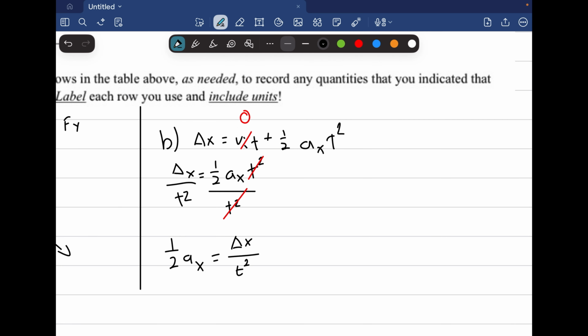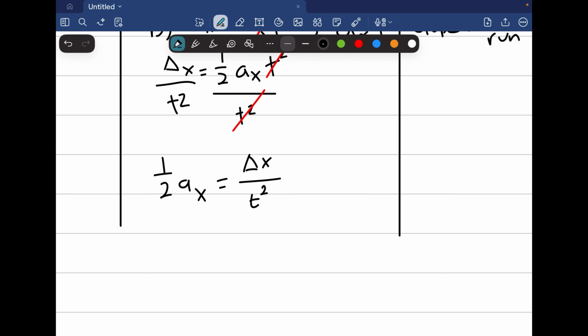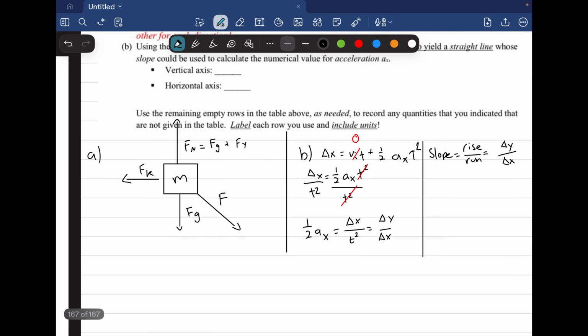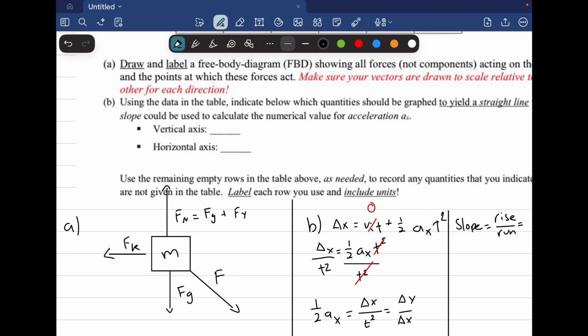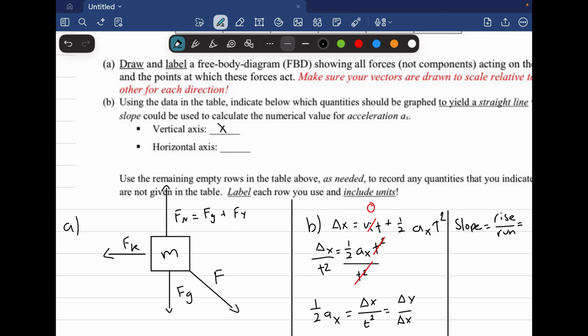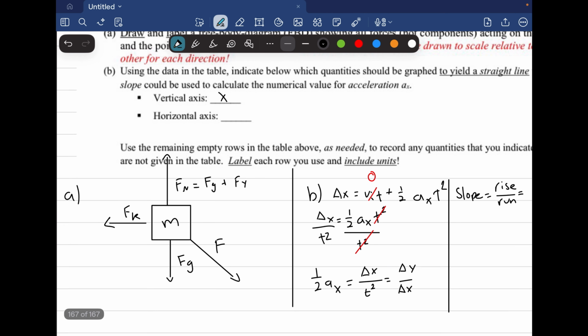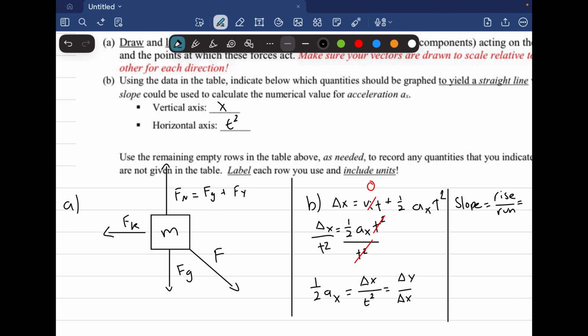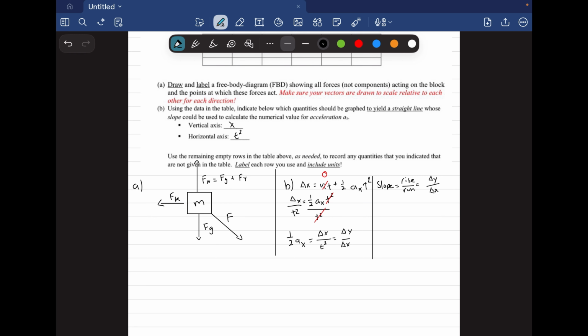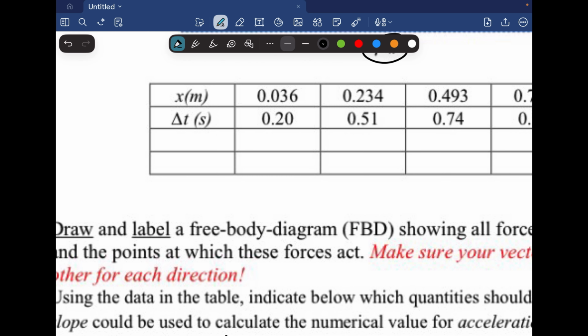And so we know that slope is equal to rise over run, or delta y over delta x. So looking at what we have, your vertical axis is x, then your horizontal, which is your x-axis, is t squared, okay? And in the table, we don't have t squared, but we can find it by just squaring our delta t.